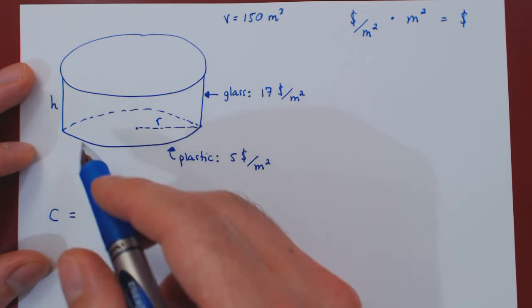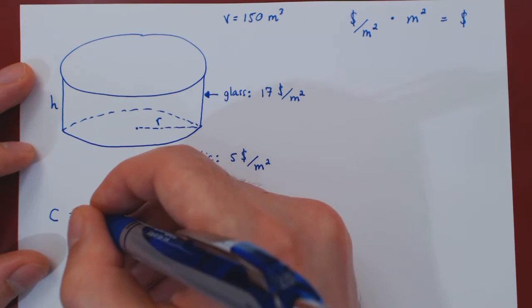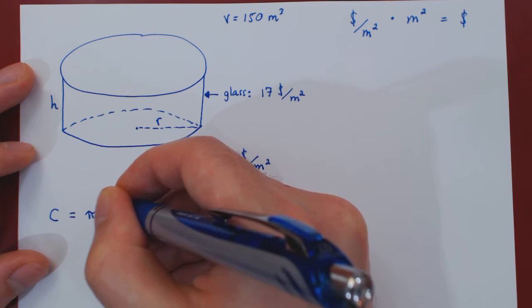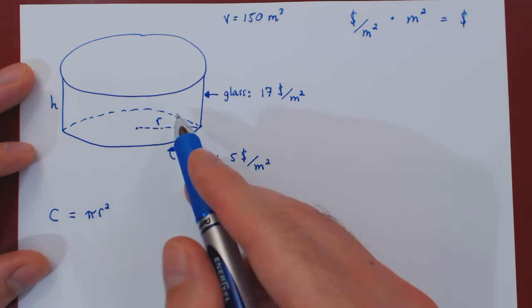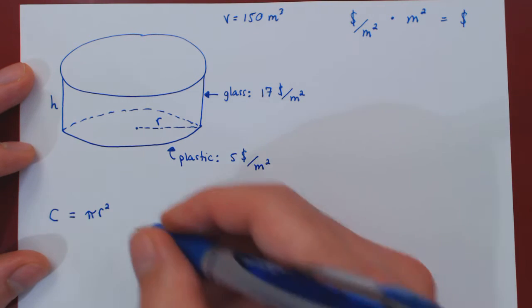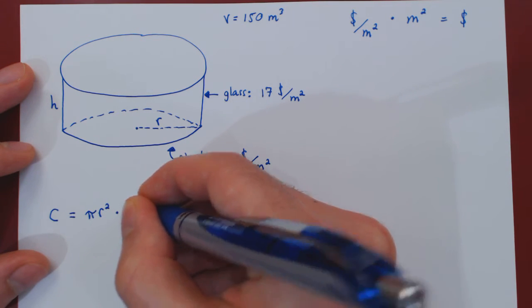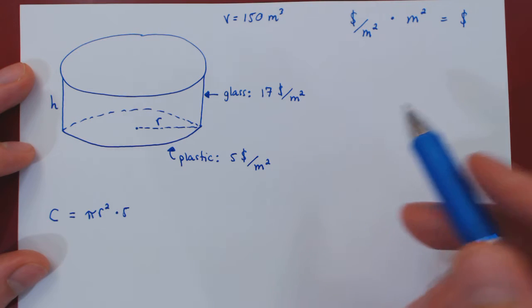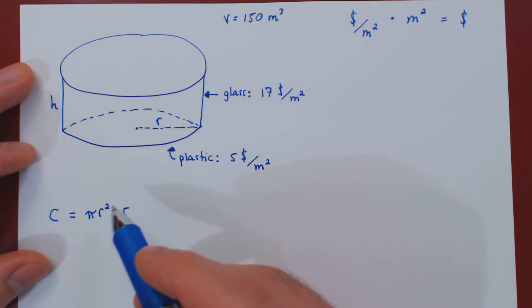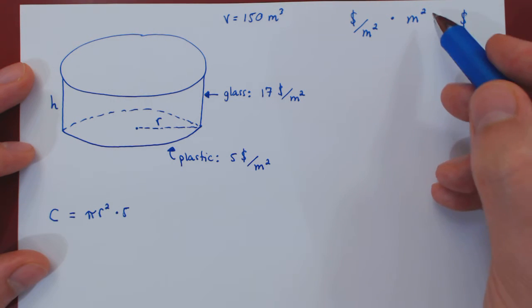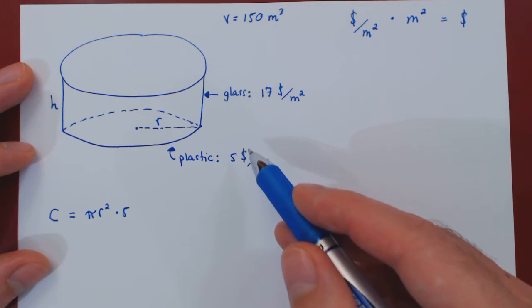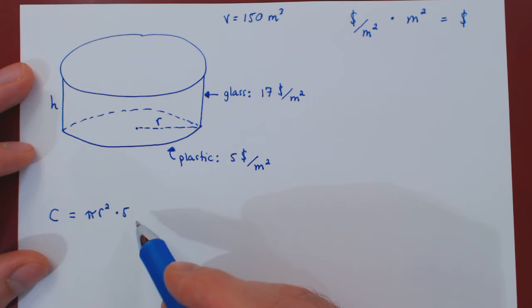Well, it's a circle of radius r, so it's pi r squared meter squared times $5 per meter squared. This will of course leave us with dollars, right? We're doing the area of the base times the cost per meter squared. So this returns the total cost of the base of our tank.